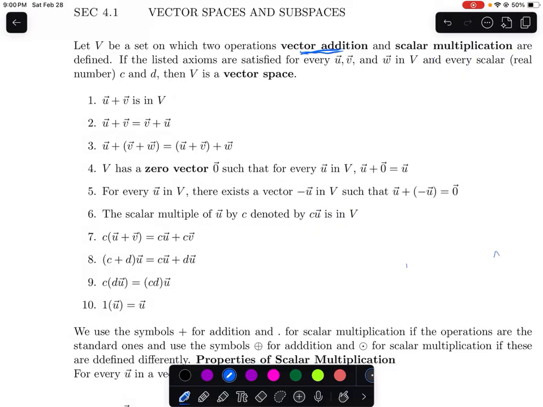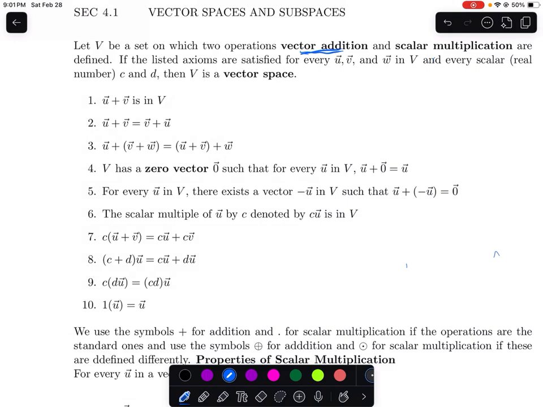If we have to show that a certain set defined with an addition and scalar multiplication is a vector space, we have to show that all these 10 axioms are being satisfied. And if we have to determine whether a given set is a vector space or not, we have to check one by one each axiom.